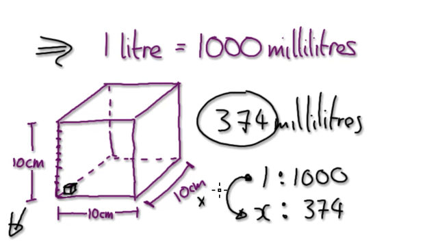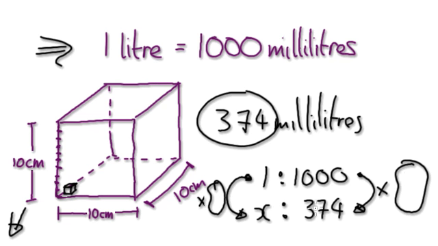This multiplier will be the same as the one over here. The multiplier is always the destination, 374, divided by the start, which is 1,000. So this is our multiplier.